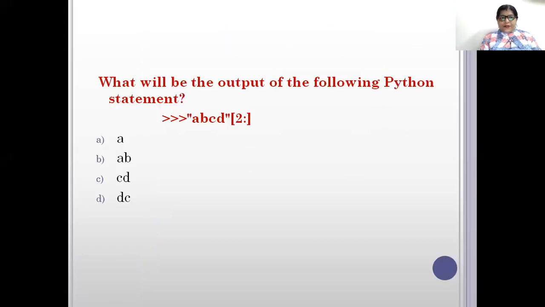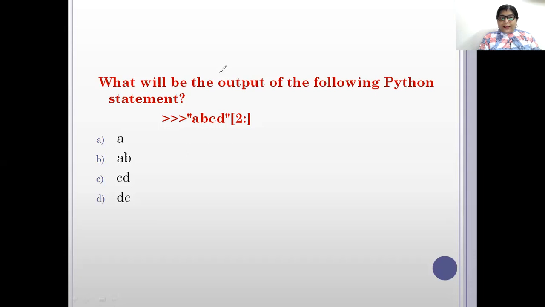Very first question is, what will be the output of the following Python statement? What is the statement here? That is 'ABCD'[2:]. It means we are using string slicing. In string slicing, it will start with index 0 always.